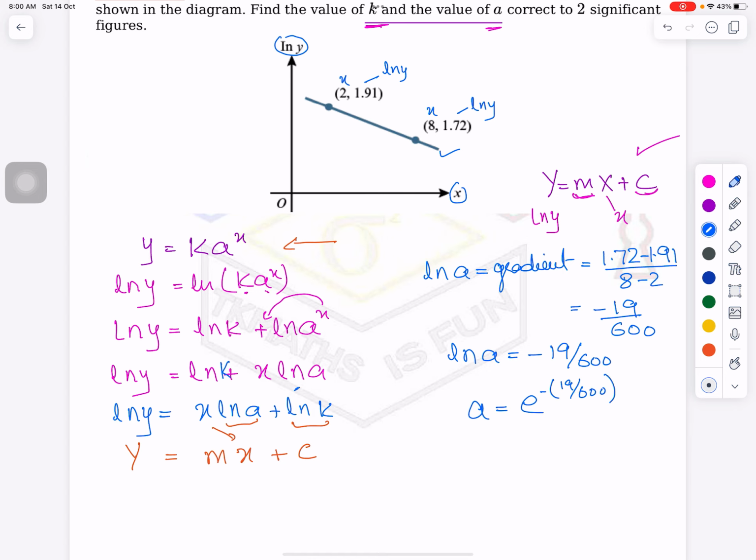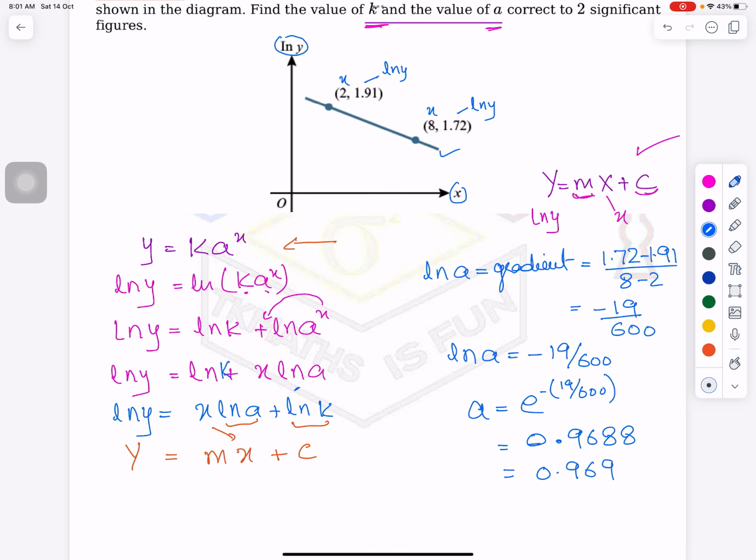Now you can take out your calculator and calculate the value. It is equal to 0.96. I'm using a calculator, by the way, you can't see it here. In 3 decimal places, it will be 0.969, which is the requirement of most papers, to write your answer in 3 decimal places. Okay, so now I have my value of a.